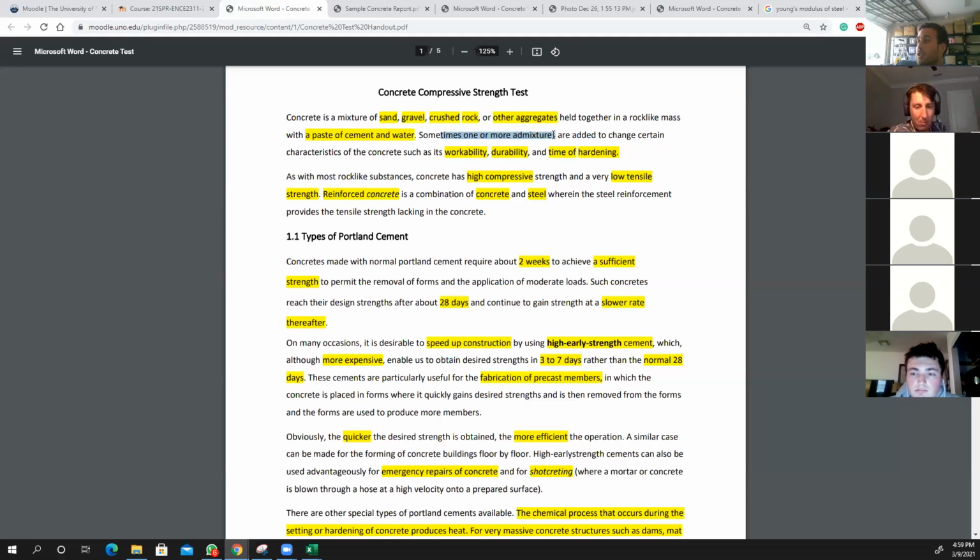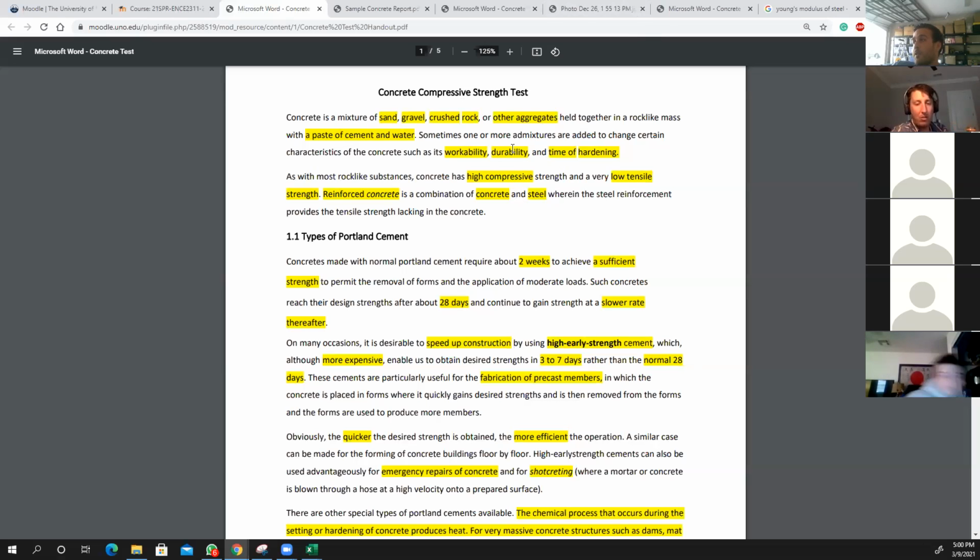I mentioned the admixtures. Sometimes one or more admixtures are added to change certain characteristics of the concrete, such as its workability. To increase the workability of concrete, I would mention that how we can make it fluid without adding more water. You can have admixtures or chemicals to change the workability.